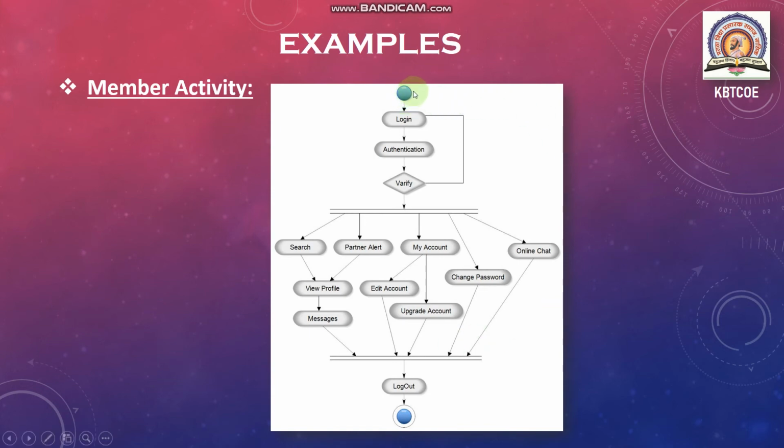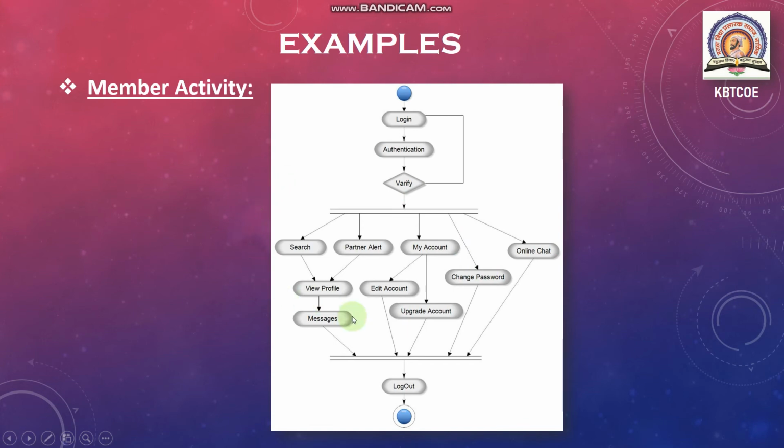First, starting with the initial step, first activity login, then authentication, then verifying, and then after the user is verified and logged in, the user can perform various activities as he wishes, like searching, partner alert, or changing his account, or online chatting, and changing passwords.